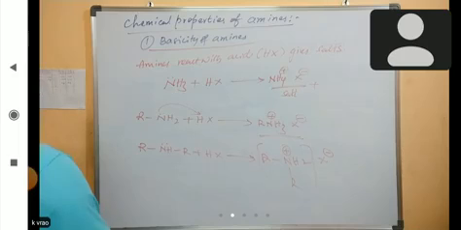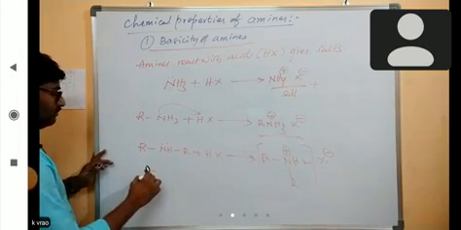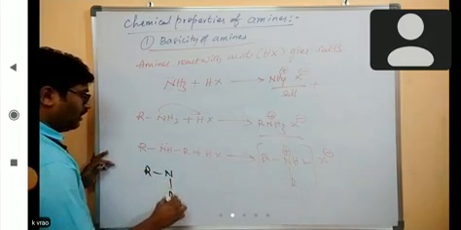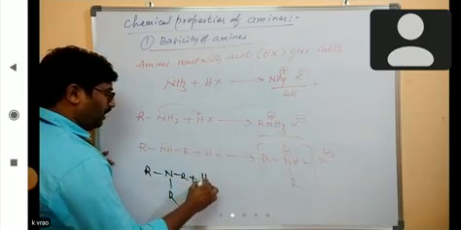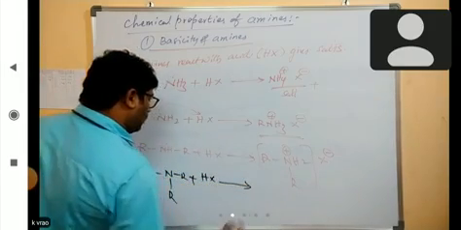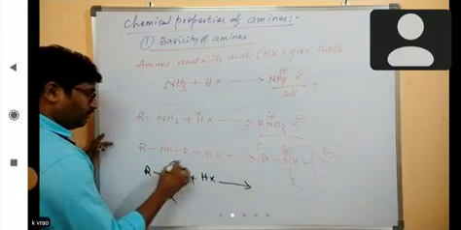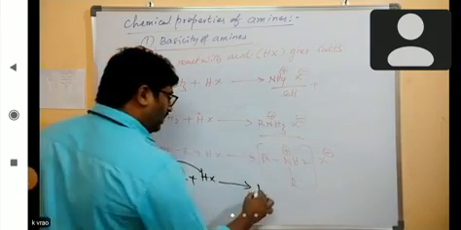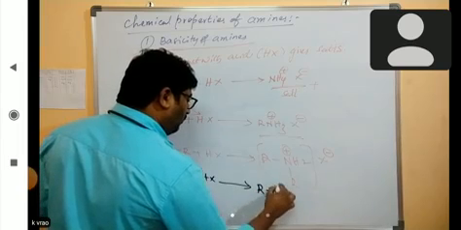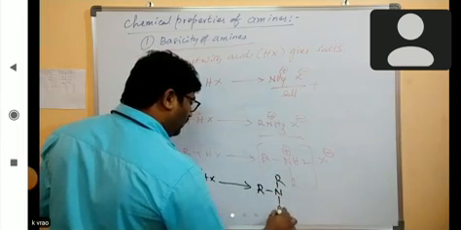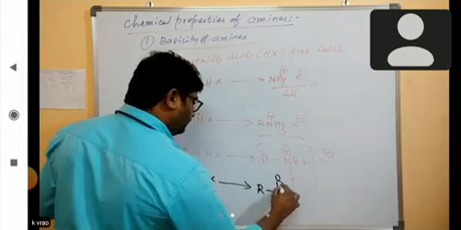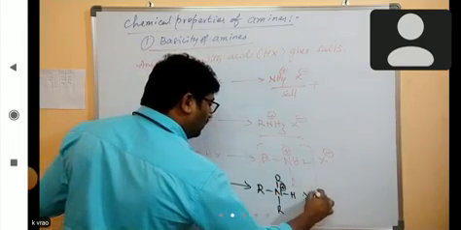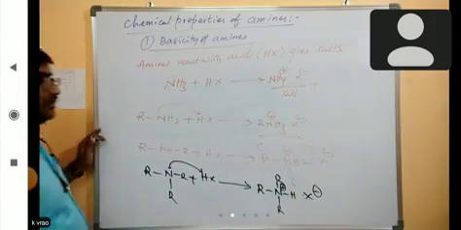Last one, tertiary amine. Tertiary amine R3N plus HX gives, by SN2, R3NH plus and X minus.